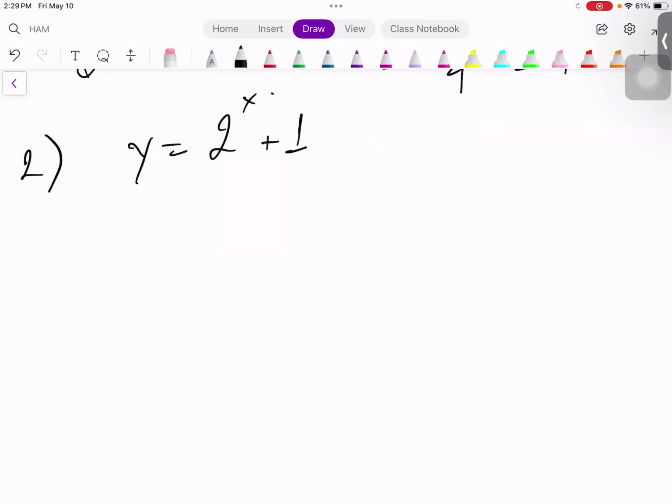The step by step is to draw the HA first, and then make the T table. Choose the numbers so the powers are going to be -1, 0, and 1.